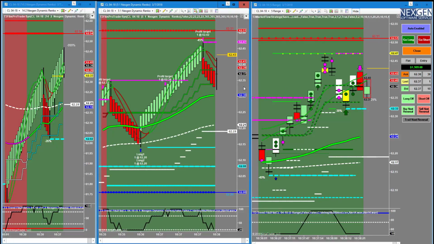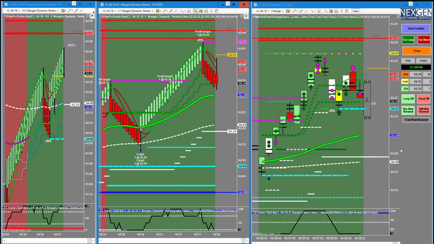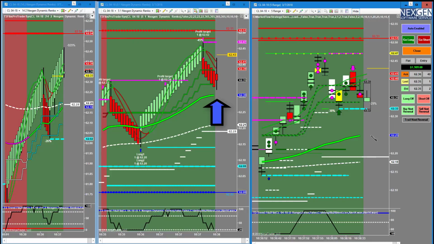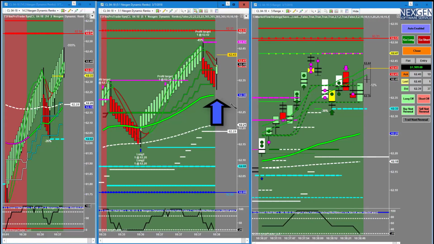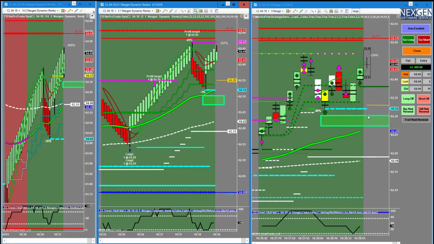And really looking at the large chart, we have the potential of maybe even doing one more trend trade long. So we start to think, are we going to get a trend trade long from the first spot, which is 62.30, right here at our mid band? Or are we going to go a little bit lower?